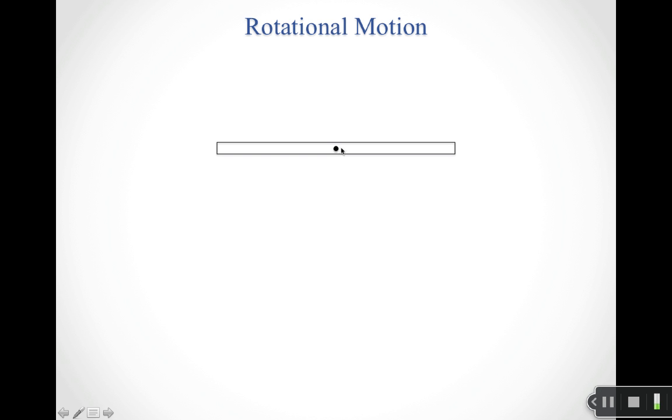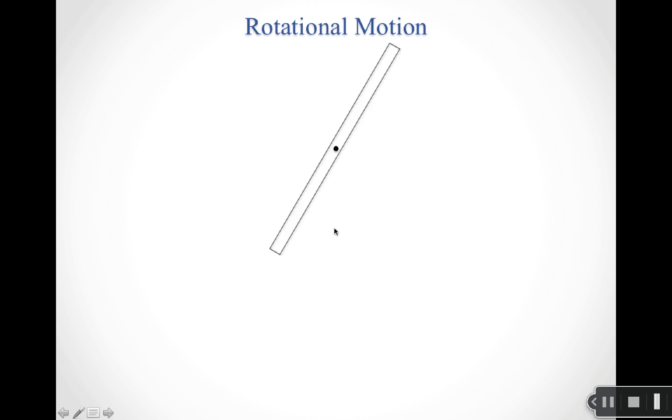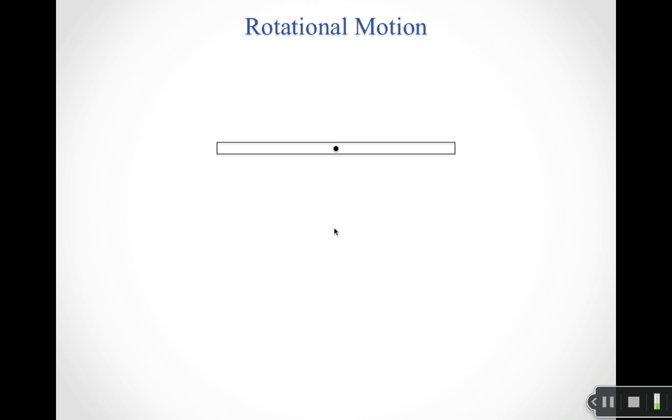So if I've got a long rod here, and here's the center of the rod, with some pivot that the rod can spin around, clearly I can't act like this rod is just a point particle moving through space.